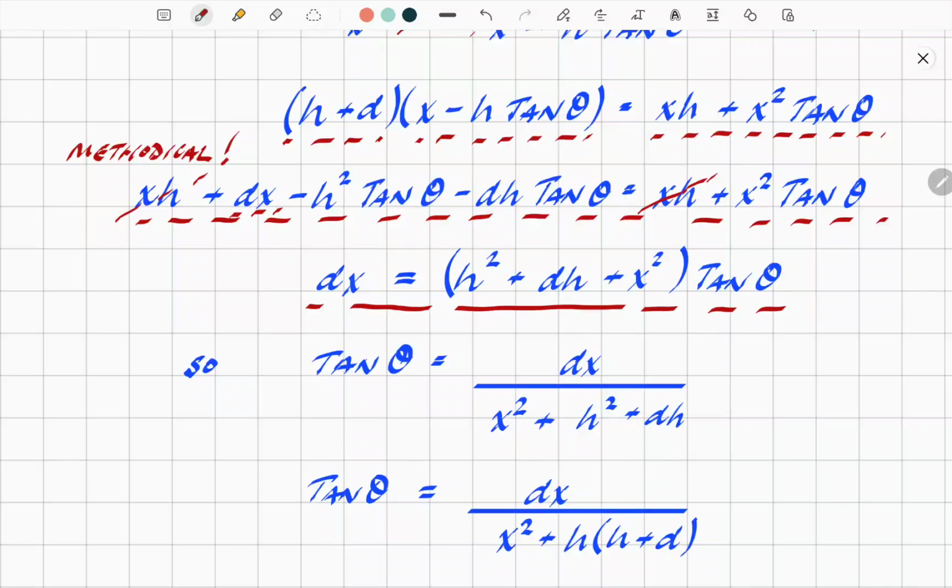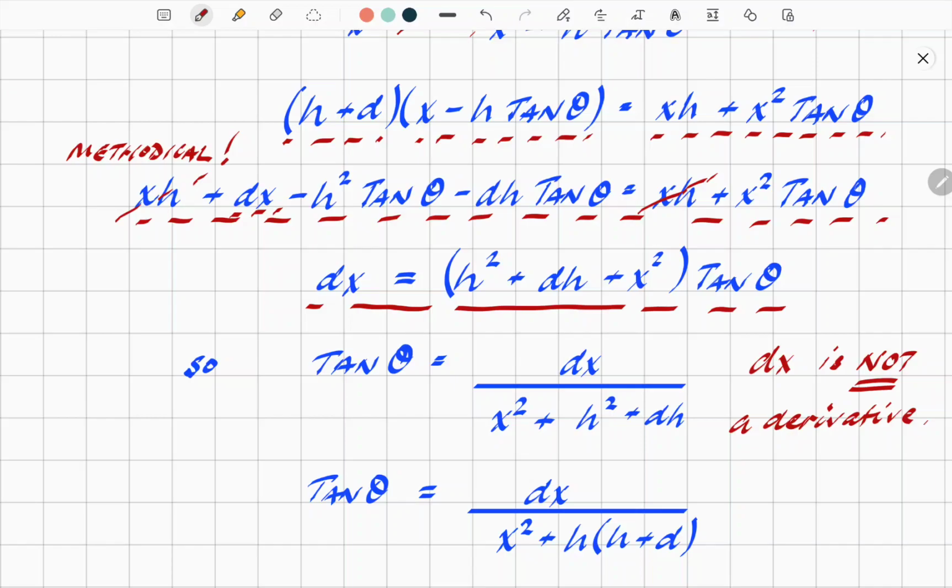Now, very, very important. This dx is not a derivative. And for this reason, I actually think that the selection of letters in this question was poorly thought out.